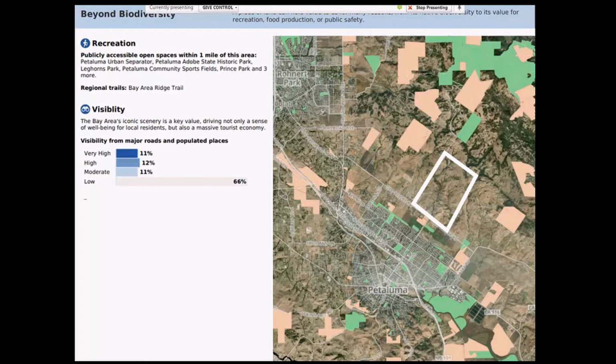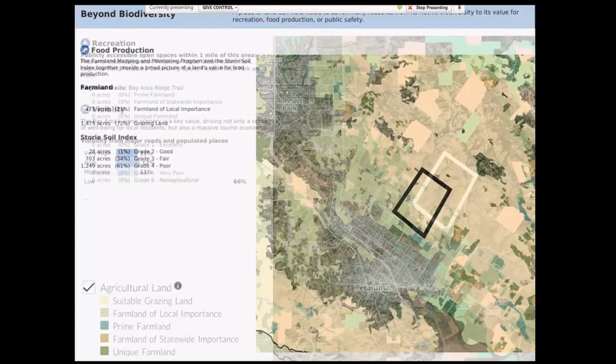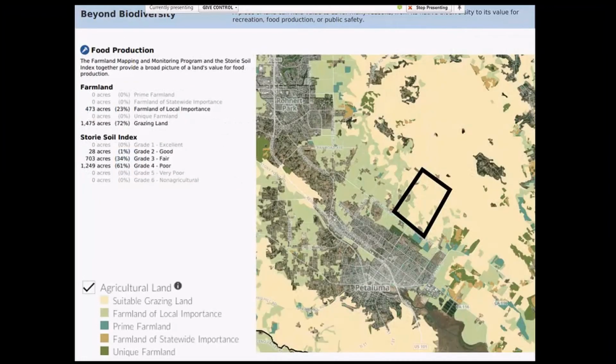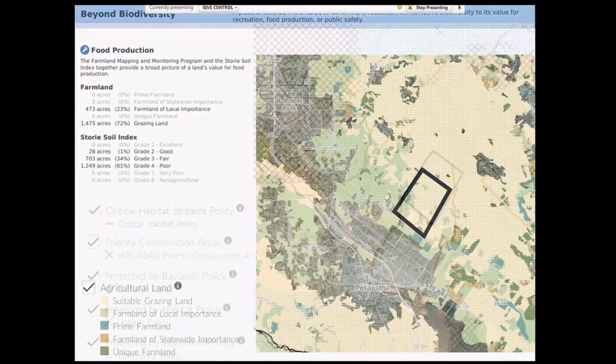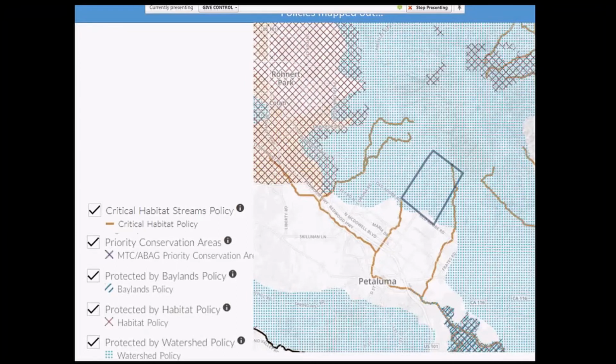Food production, here's an example. We're using FMMP and the Storie Soil Index, which gives you a sense for whether it qualifies for a farmland conservation program. And then we leveraged a whole bunch of data put together by folks at Greenbelt Alliance, Adam Garcia in particular, to get a sense for the policy landscape out there.